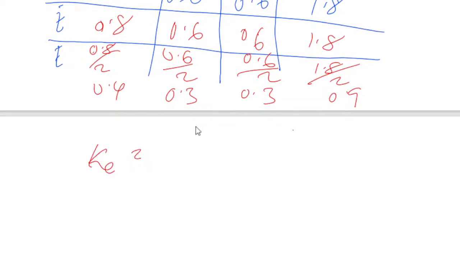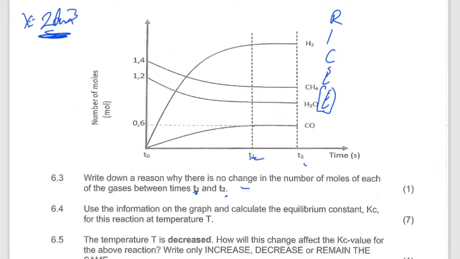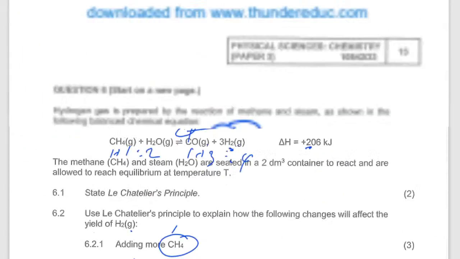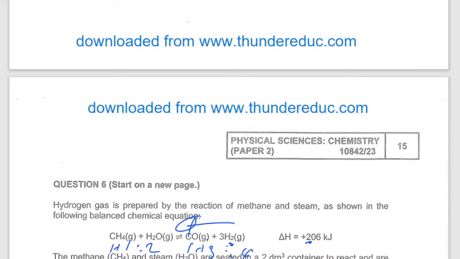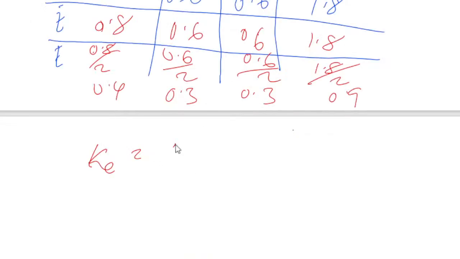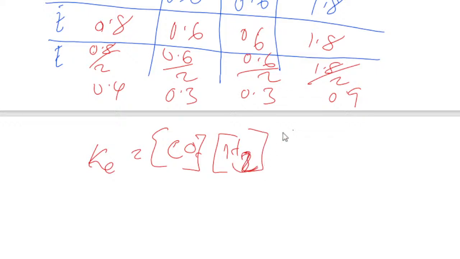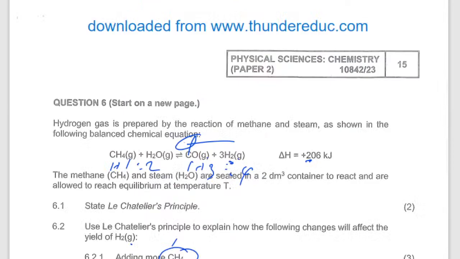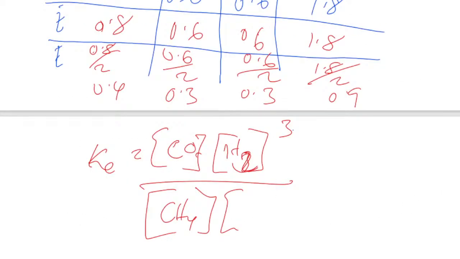Then from there, I use the Kc. Kc is equal to the products, which are carbon monoxide and hydrogen. There are 3 moles of hydrogen, and then you have methane and steam in the denominator.